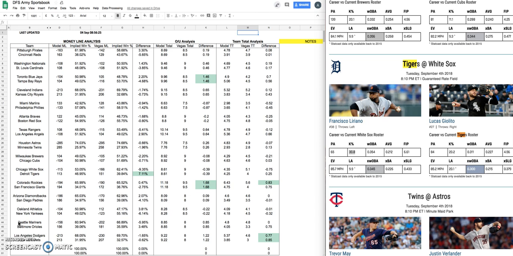Within that program and service, we are offering betting models to our VIPs, and many of them have reached out and said, "How can we use this for DFS?"